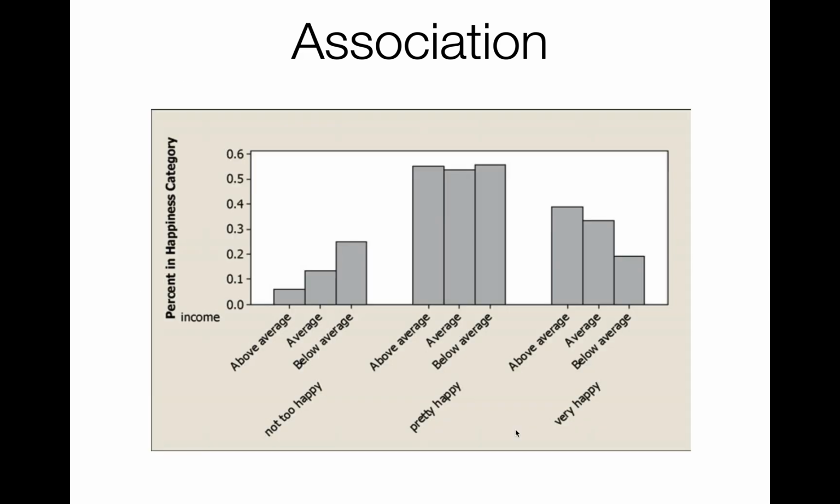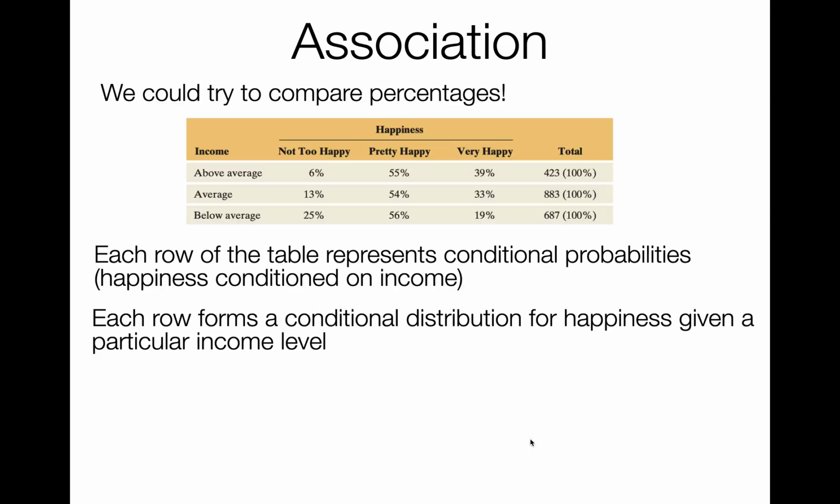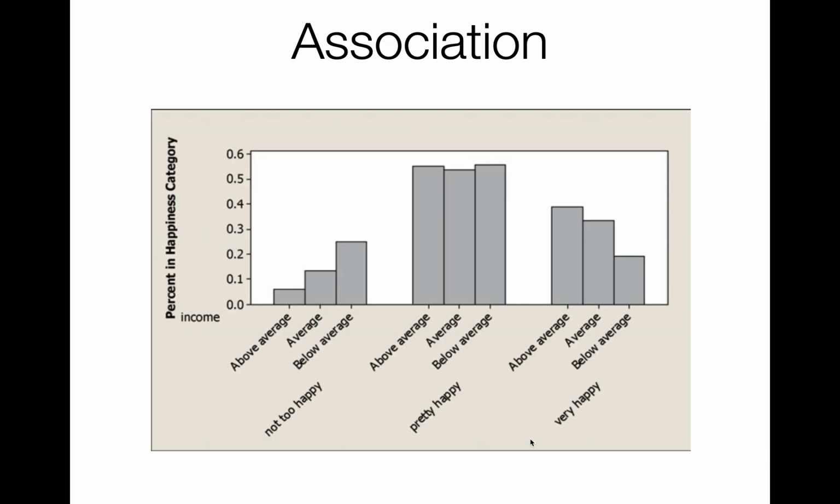We can also look at this in a side-by-side bar chart. It's just the probabilities in that table, but as bars on a bar chart. It's easy to see in this graphic that the heights of the bars are not the same across all three happiness levels.